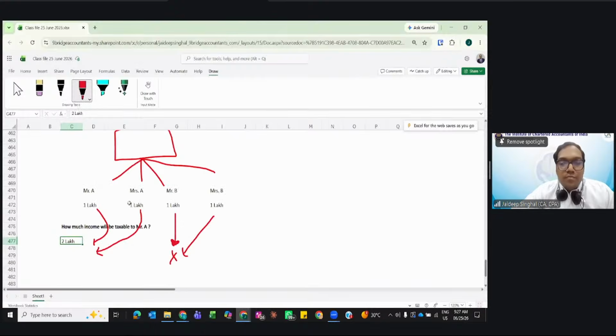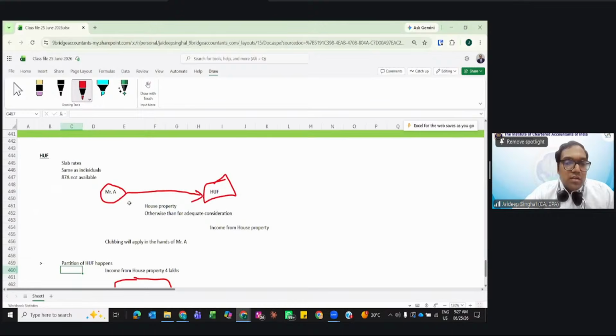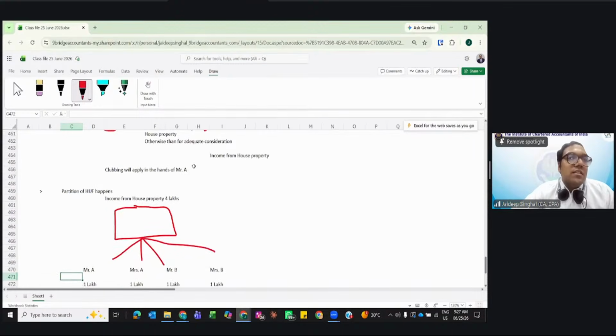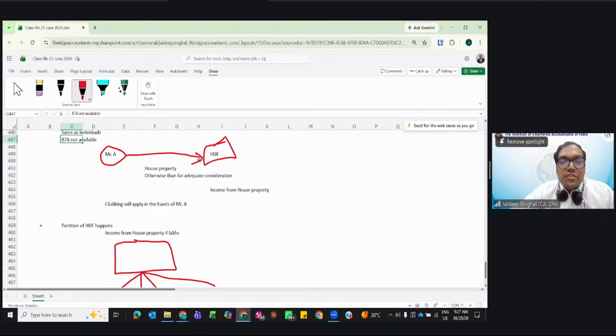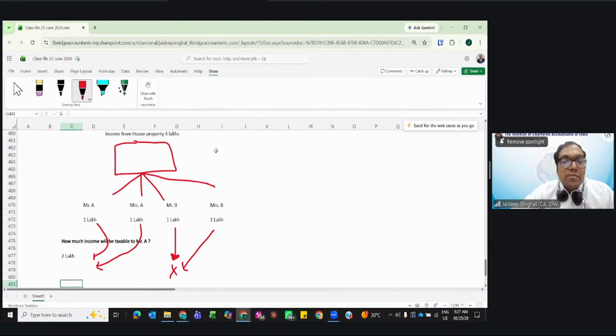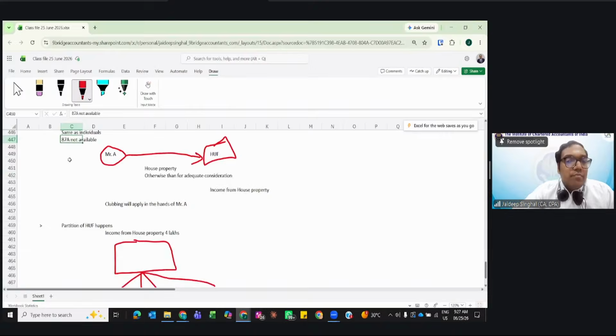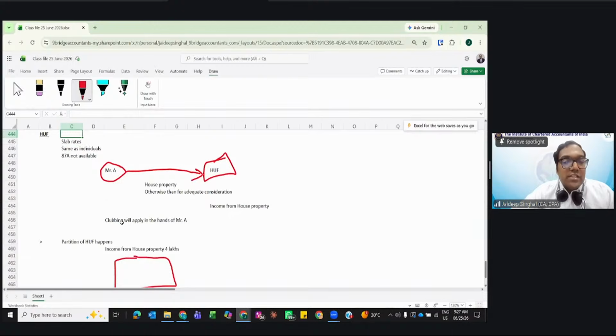See, here in this case, this is an extension, sorry Dhanlakshmi, it is an extension of this example. Let's suppose Mr. A had originally contributed the property. For Mr. A, this is happening. For Mr. B, the clubbing will not happen because ideally, before partition, Mr. A was taxable on the entire income.